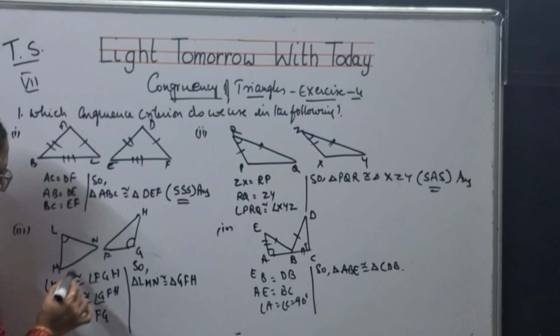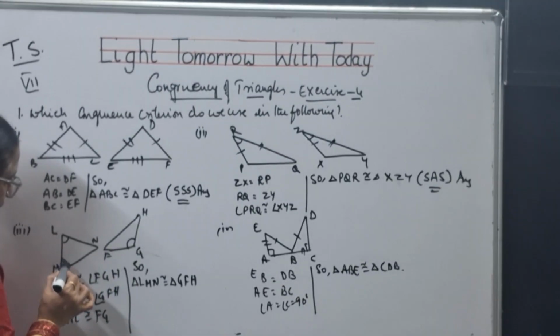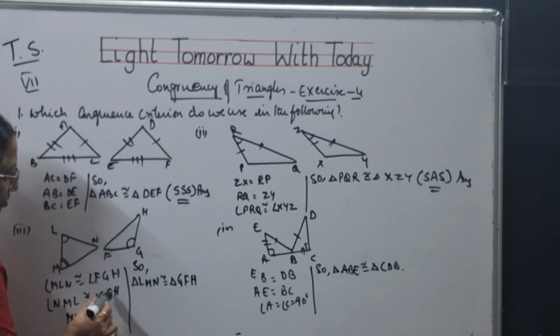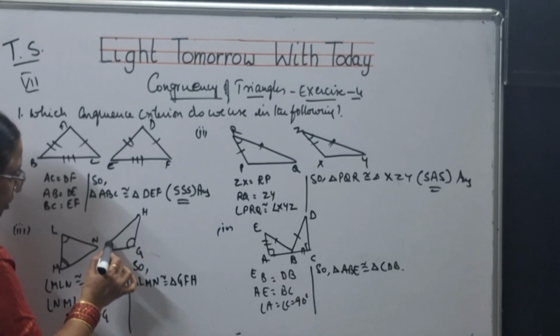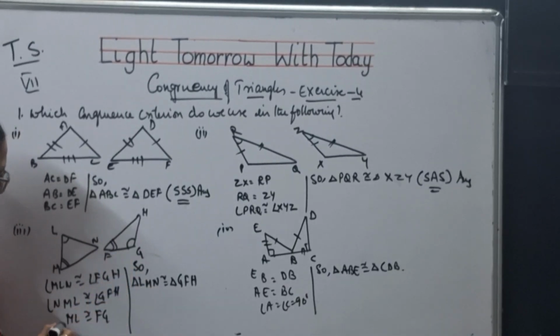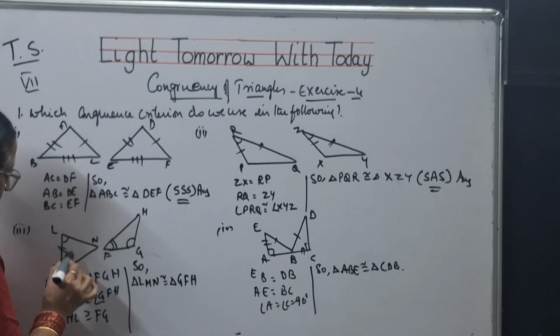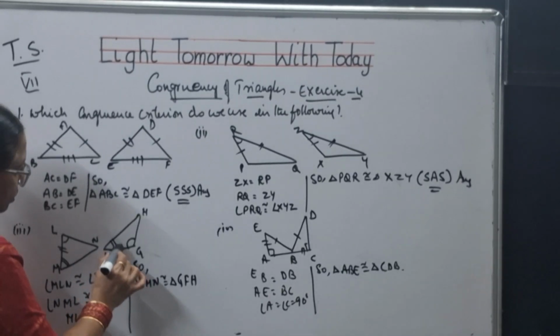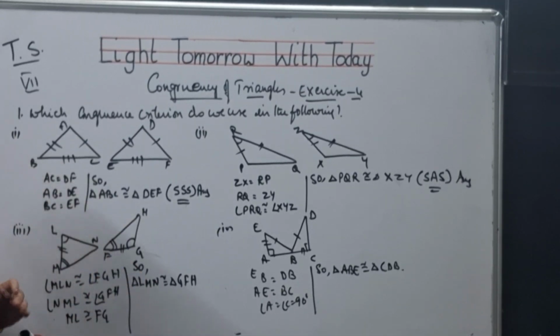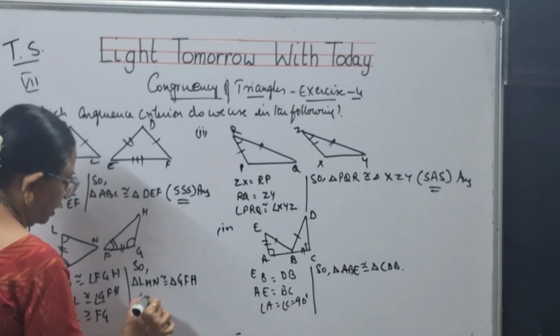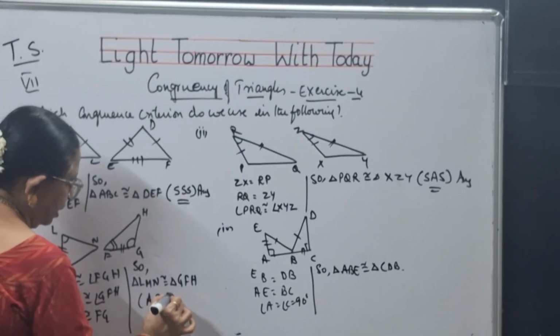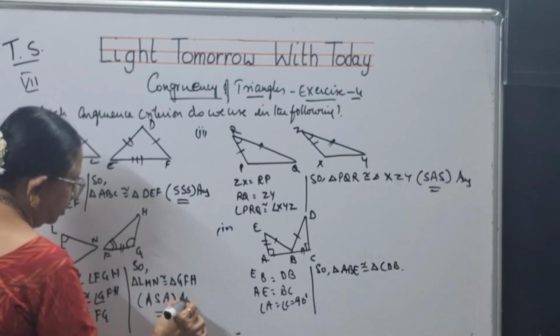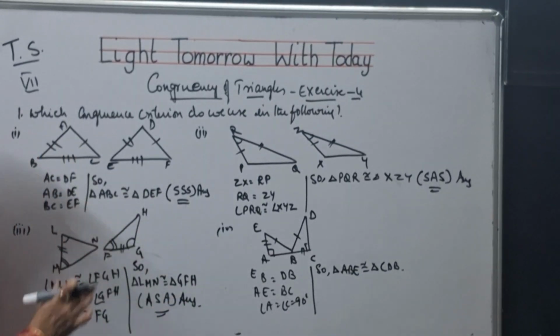Angle NML, this angle, is equal to angle GFH, this angle, and ML, this side, is equal to FG, this side. So what is the property, children? This is angle side angle. Angle side angle property is the one which you have used in this figure.